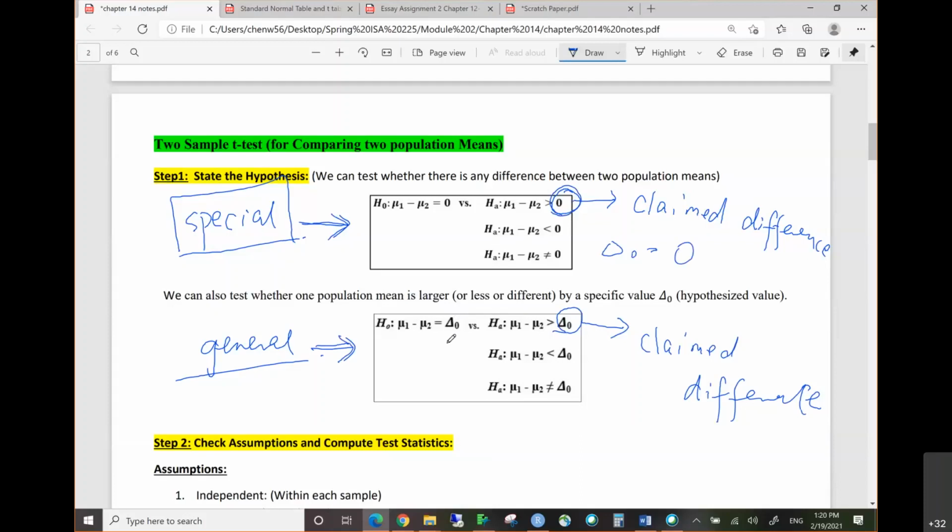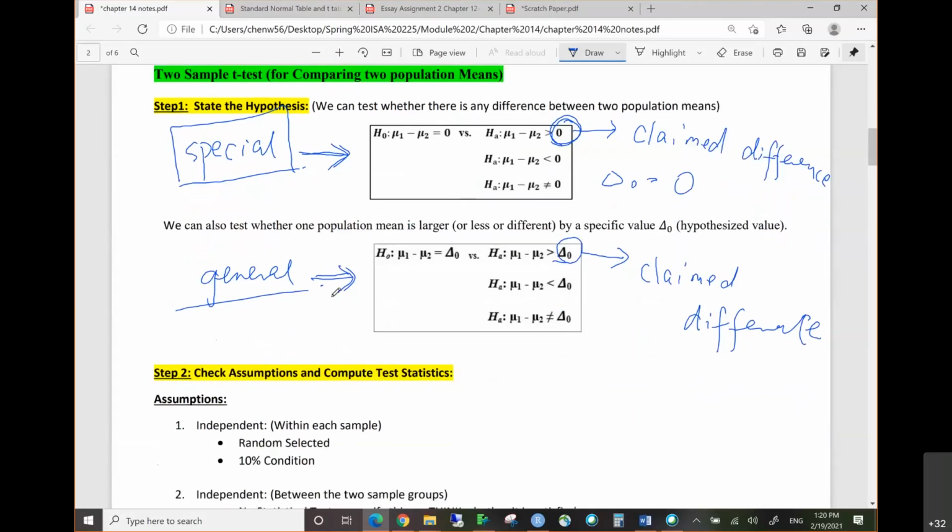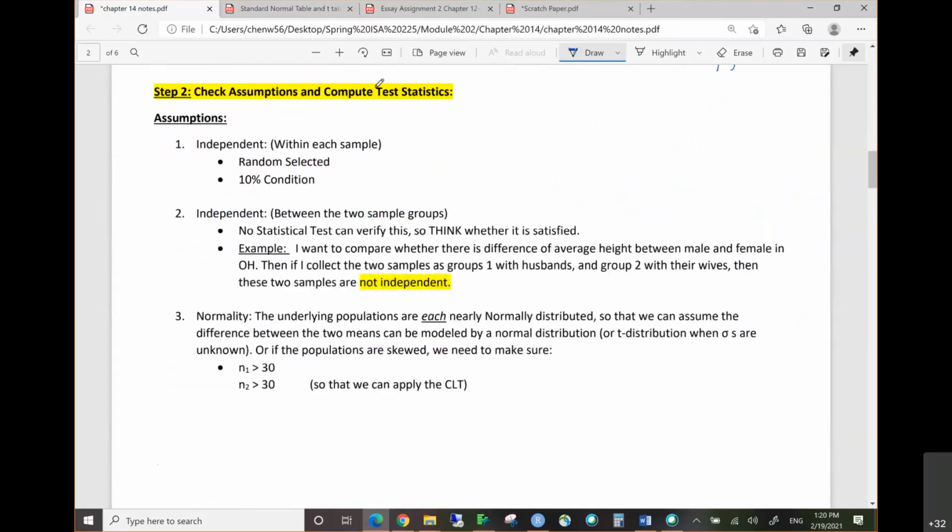All right. And then once we state the hypothesis, we need to calculate the test statistic. To calculate the test statistic, we need to use the formula. Whenever you want to use the formula, we need to check the assumptions, right? So in the previous chapters, when we check the assumptions, we only have one sample, one population.